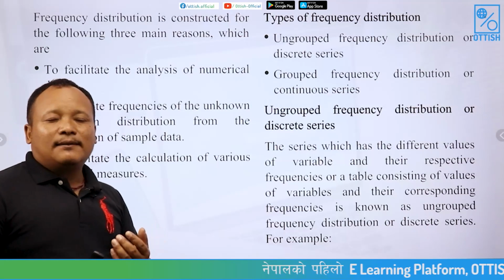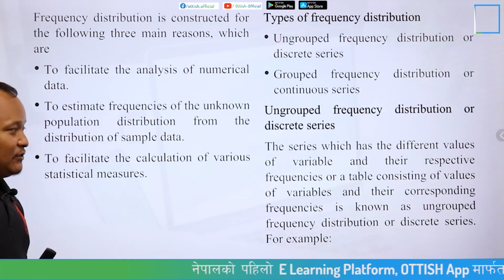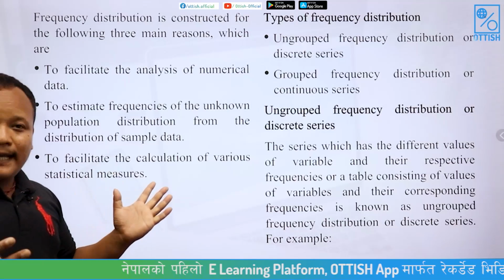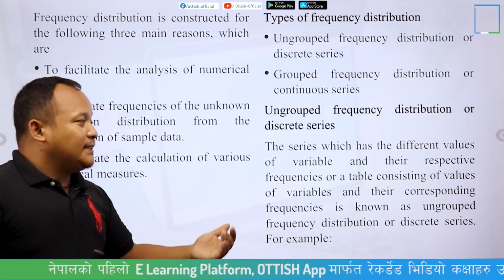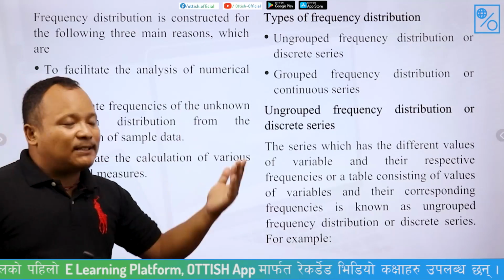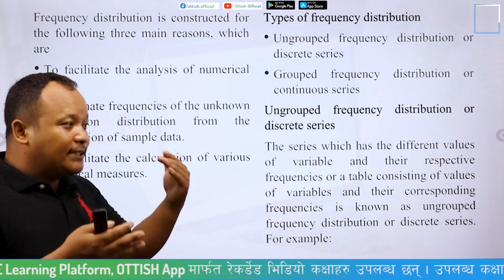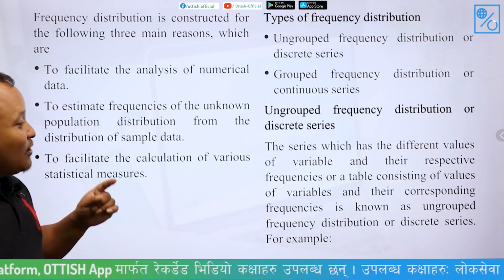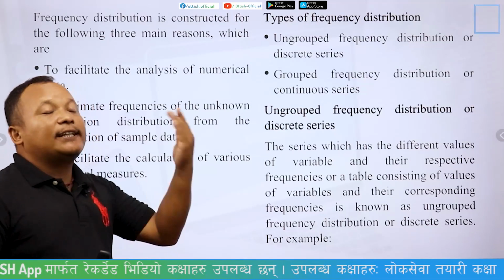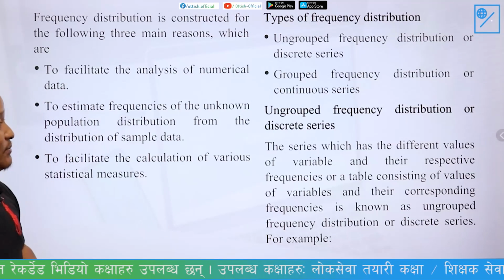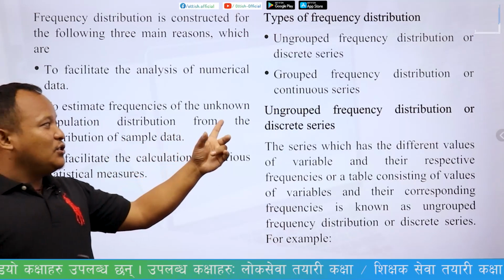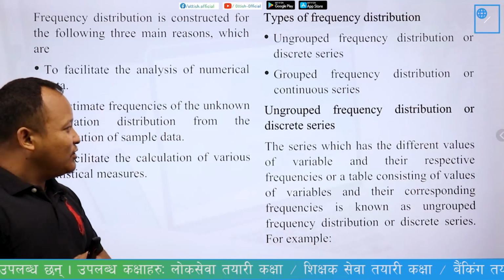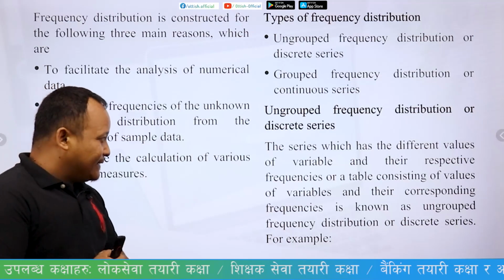This is for the values of a variable with their respective frequencies. It is simply a table containing only single values of the variable with respective frequencies. Each class, group, or limit contains only one value with its frequency within the frequency distribution. That type of frequency distribution is said to be an ungrouped frequency distribution or discrete series.